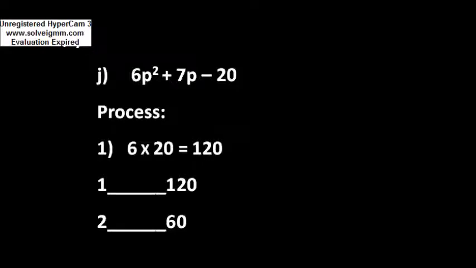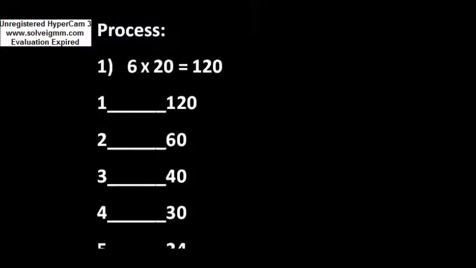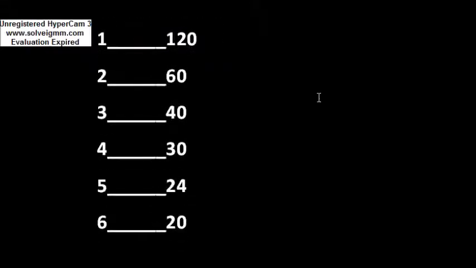So you will find all the factors of 120, and you can write these factors in this way: 1 times 120, 2 times 60, 3 times 40, 4 times 30, 5 times 24, 6 times 20, 8 times 15, and 10 times 12 also.